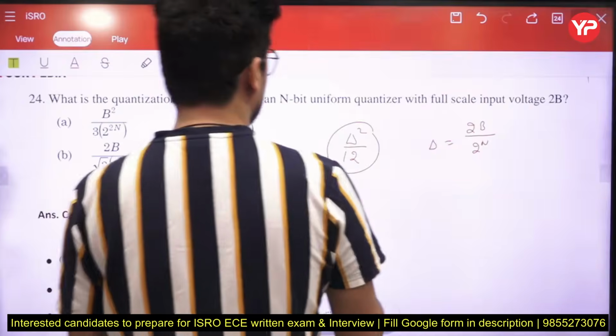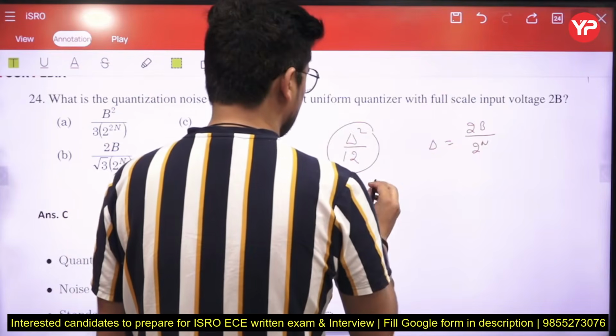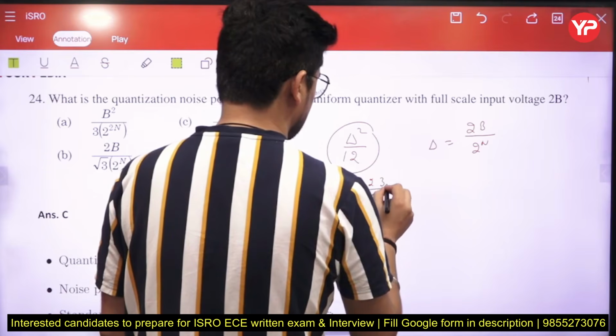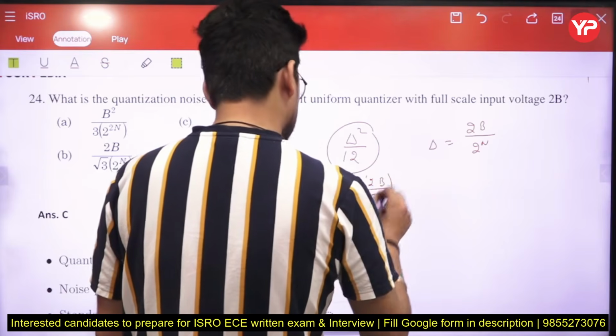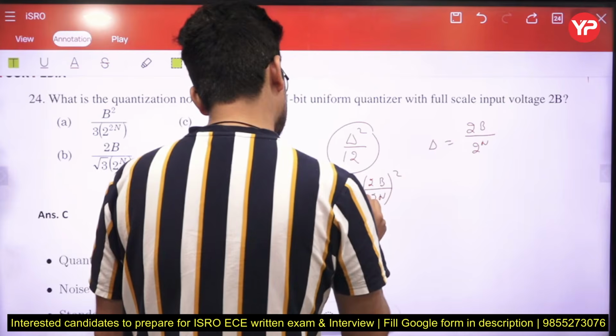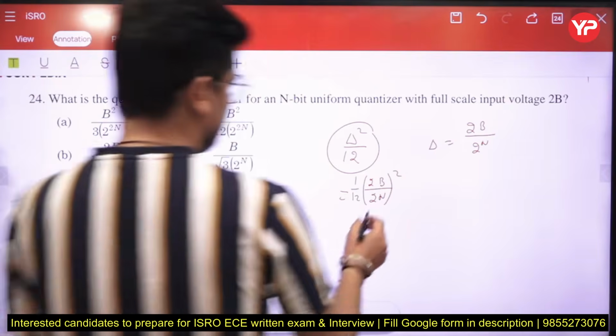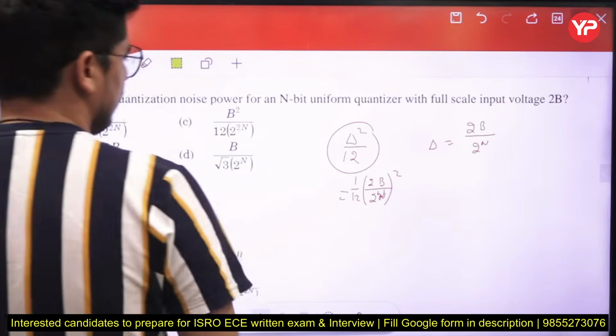Now replace that value here, so the noise power is going to be (2b divided by 2^n) whole squared, divided by 12. This is 2 raised to power n, not 2n, remember that.